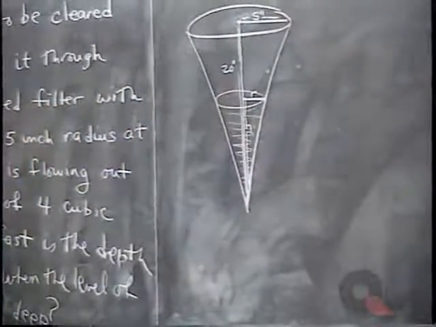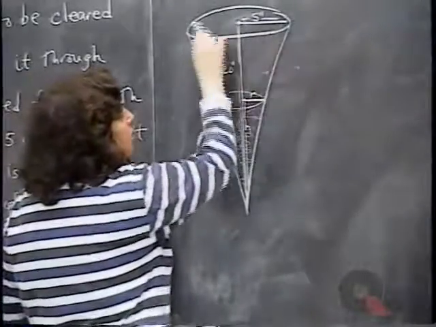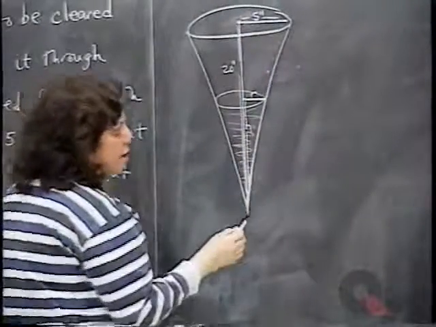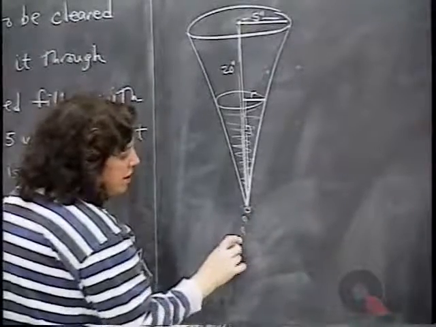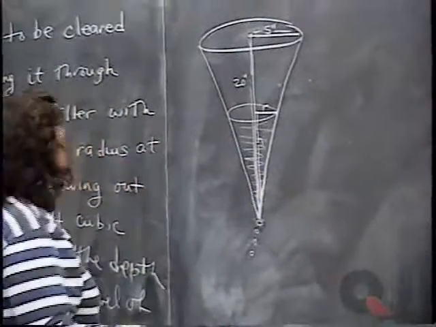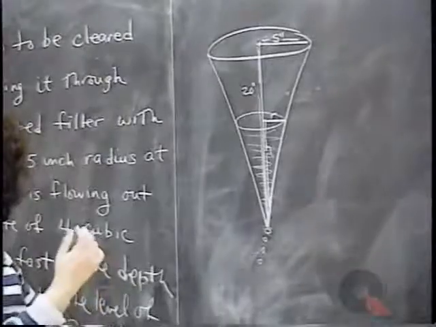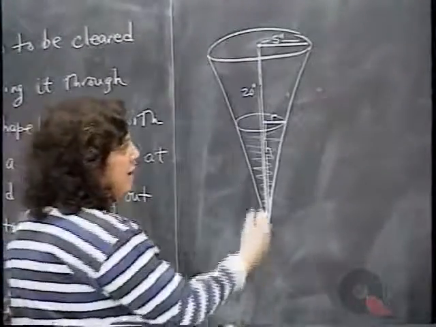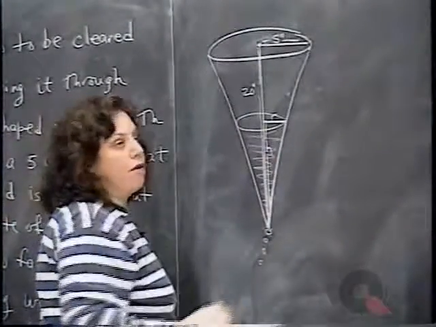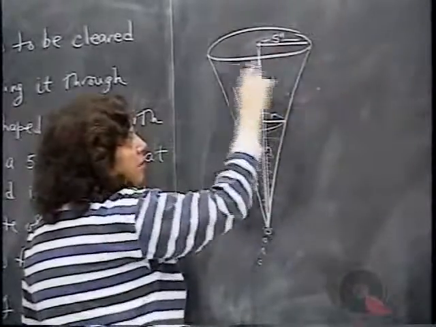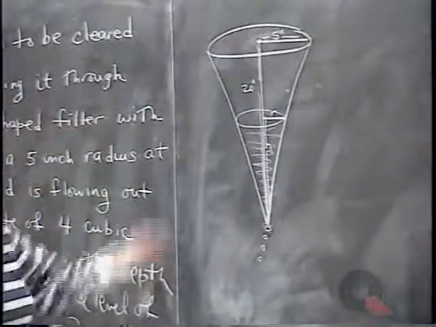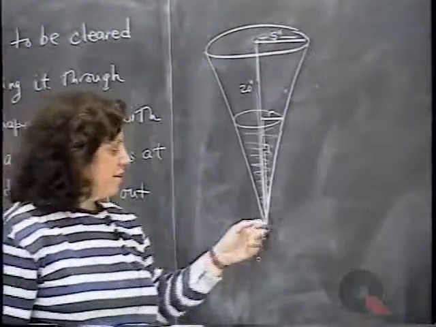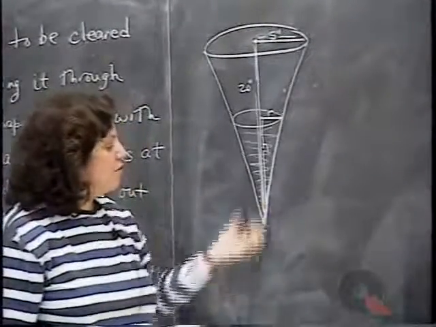And they're changing. Maybe in the beginning of the problem, r was 5 inches and h was 20. But now it's dripping out at a rate of 4 cubic inches per second, so r and h are both decreasing. Maybe originally the level was up here, and now it's falling. Imagine an ice cream cone with a little hole in the bottom, and the ice cream is leaking out.